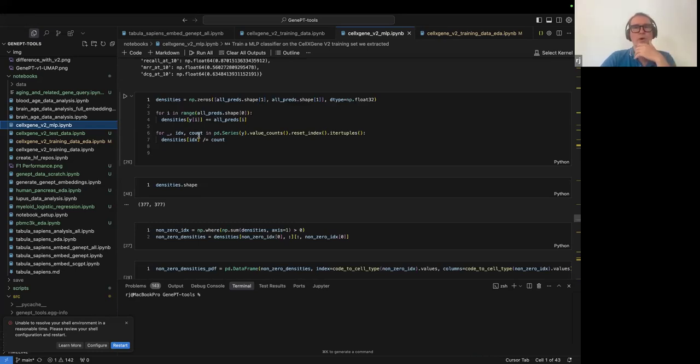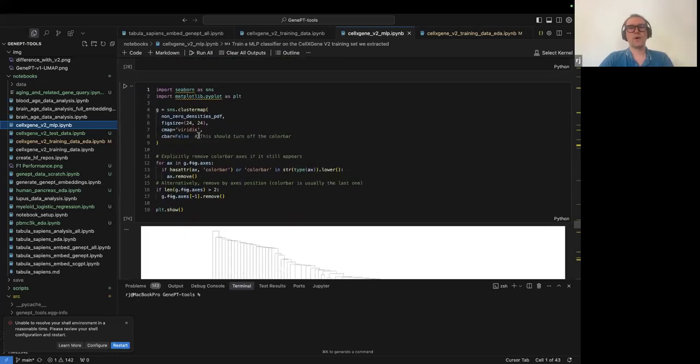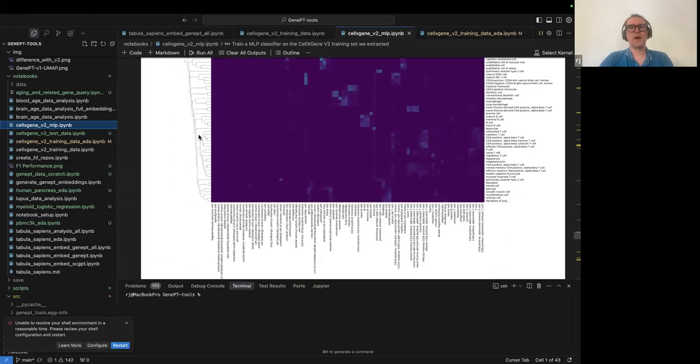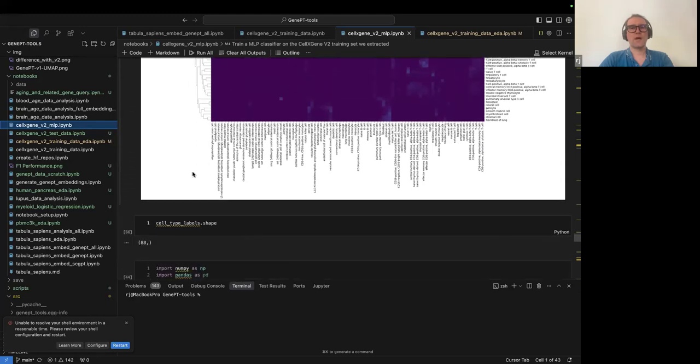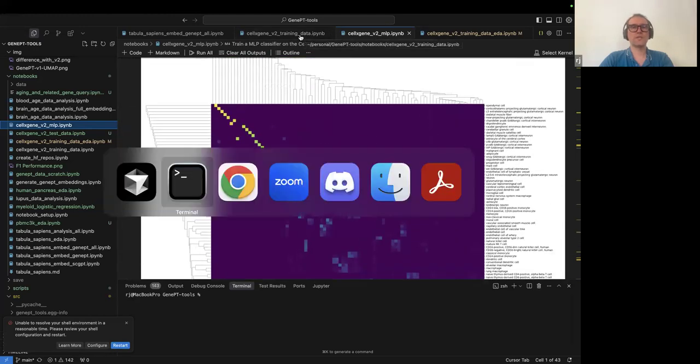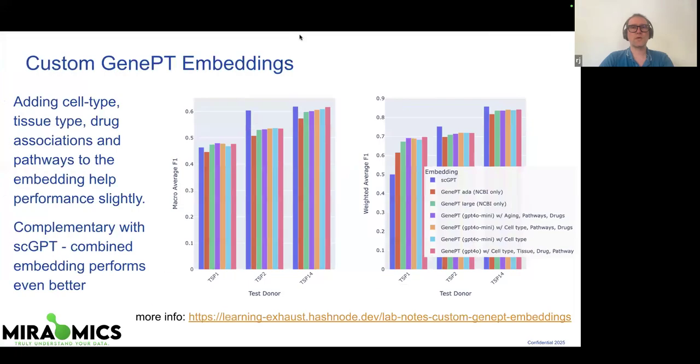So the inference is super efficient, but it took a lot of work to get there. Let me just share Weights and Biases really quick.